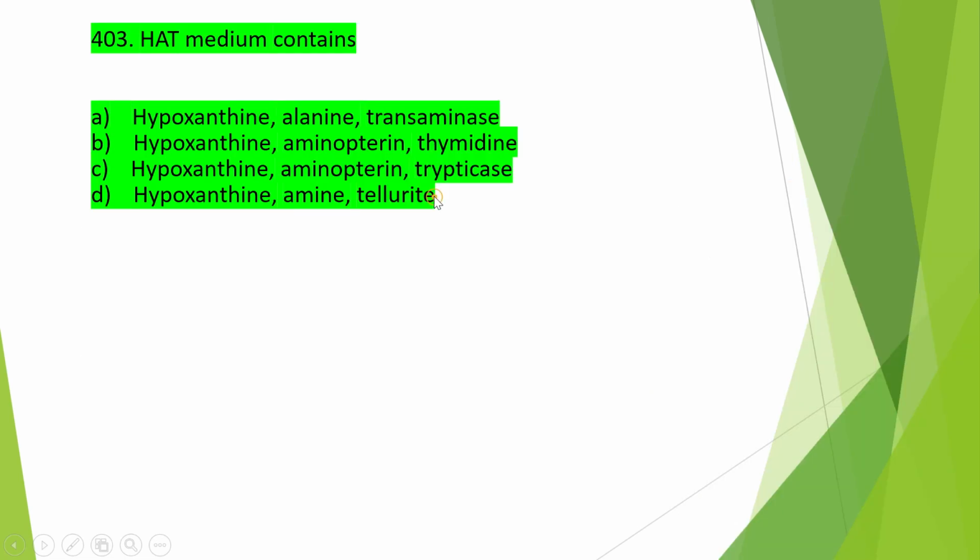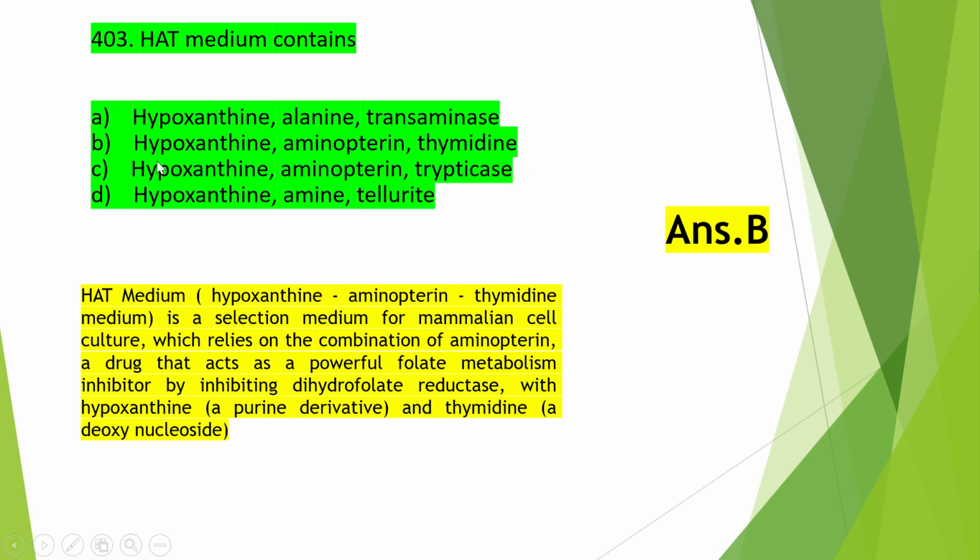Moving on to the next question: HAT medium contains hypoxanthine, alanine transaminase; or hypoxanthine, aminopterin, thymidine; or hypoxanthine, aminopterin, trypticase; or hypoxanthine, amine, telluride. The right answer is option B, that is hypoxanthine, aminopterin and thymidine.